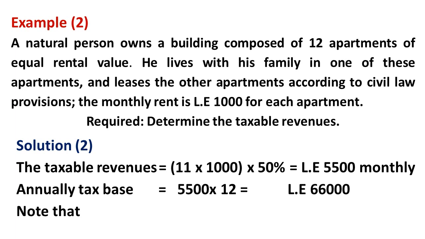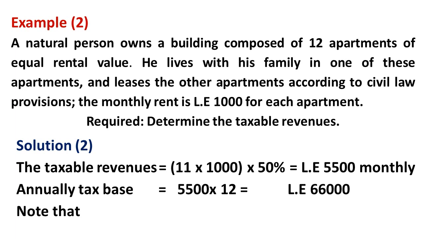To solve this example, net taxable revenue equals 11 apartments multiplied by 1,000 Egyptian pounds monthly multiplied by 50% equals 5,500 Egyptian pounds monthly.